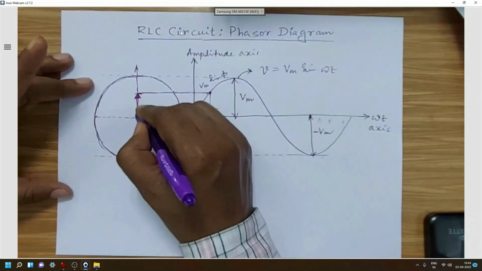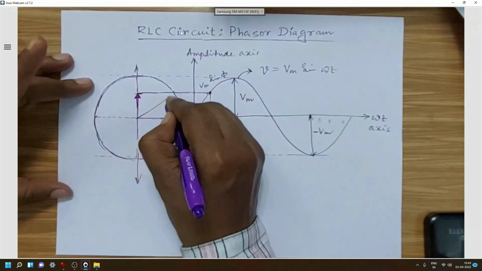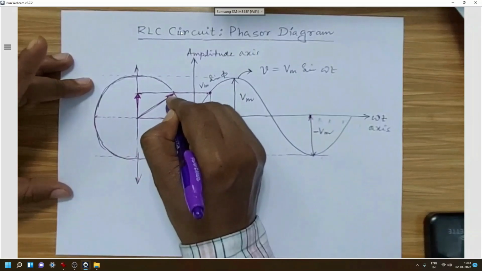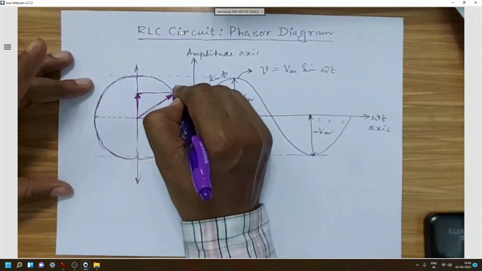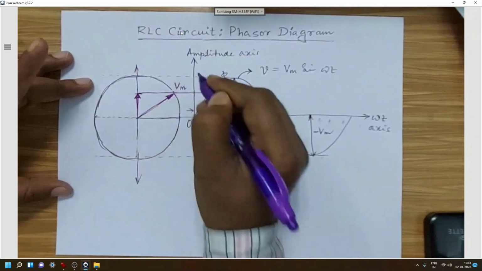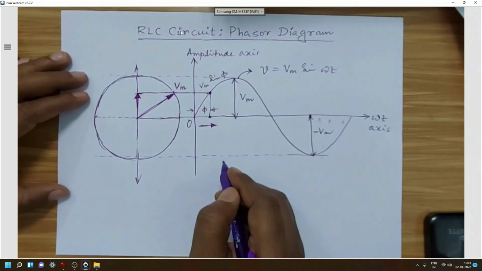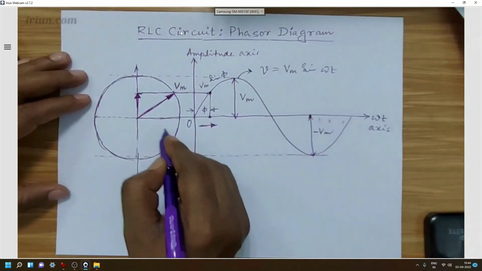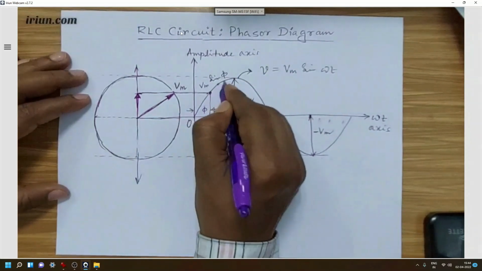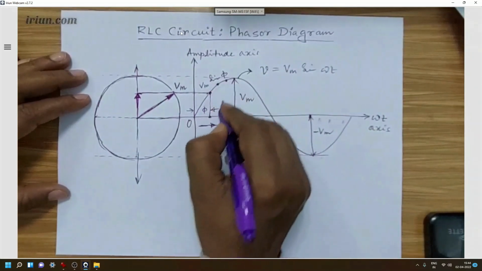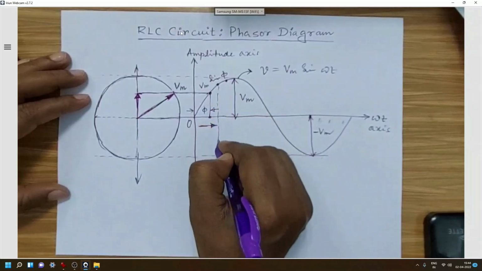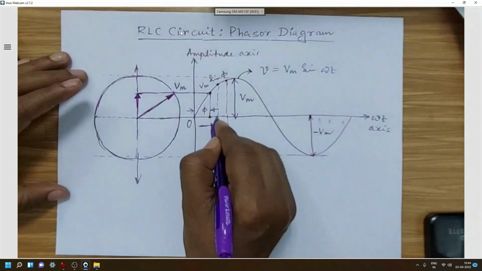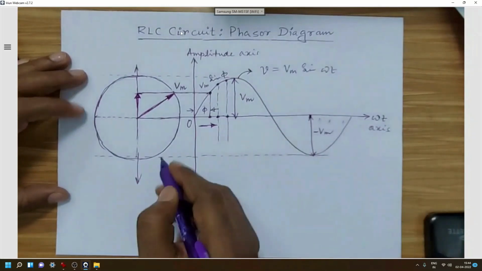Now Vm sine phi will be taken from this phasor, which is considered to be Vm, and in a phasor diagram the phasor is nothing but the peak quantity taken from the sinusoidal wave, and each instantaneous value like this will be the corresponding value at its phase point, meaning angular point, that is the point along the angle axis or omega t axis.